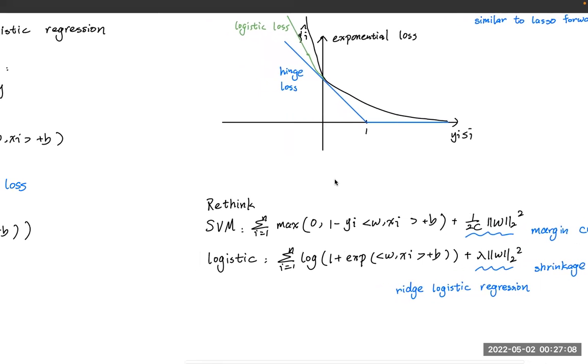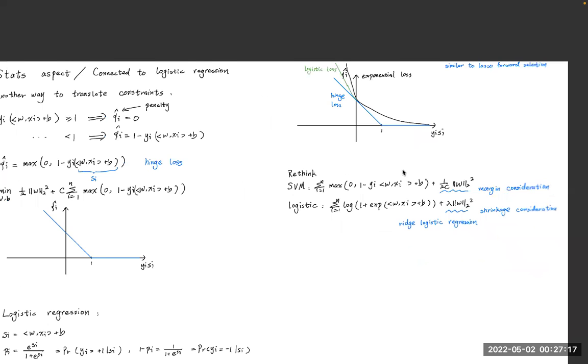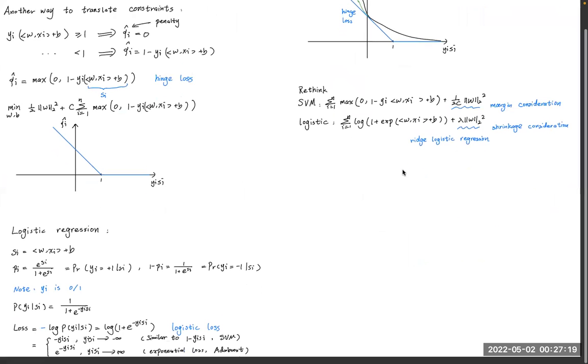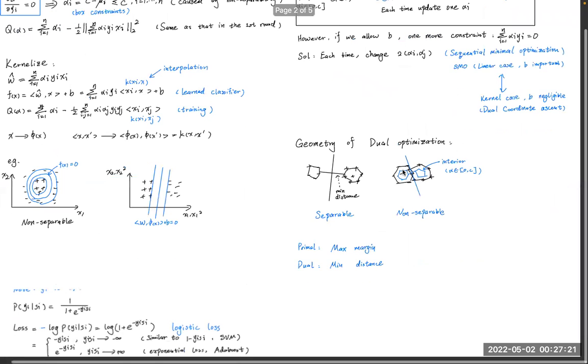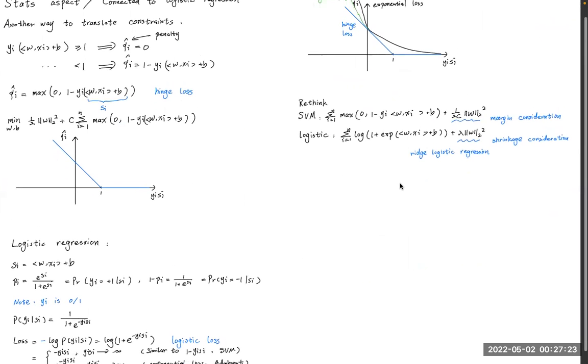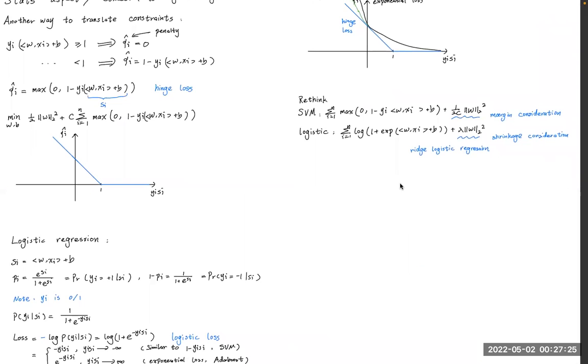And in terms of AdaBoost, AdaBoost uses exponential loss, as I mentioned. And also in AdaBoost, we keep adding the trees, right? So this is almost like adding new features. And this is actually consistent with lasso.